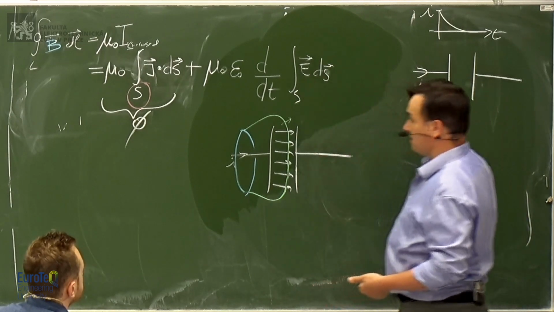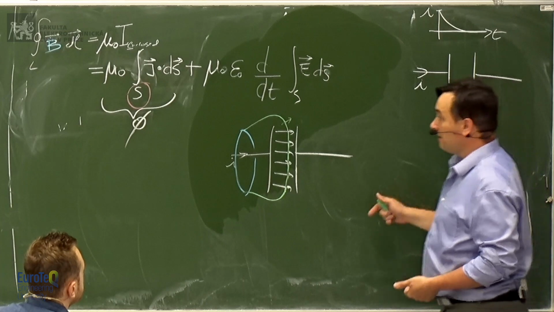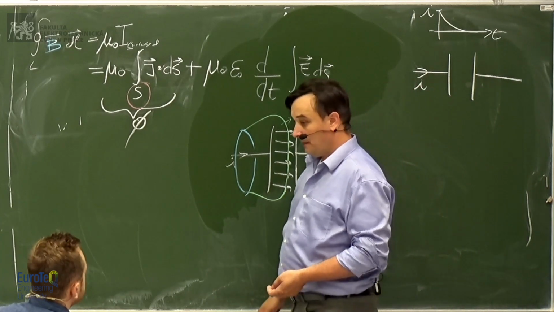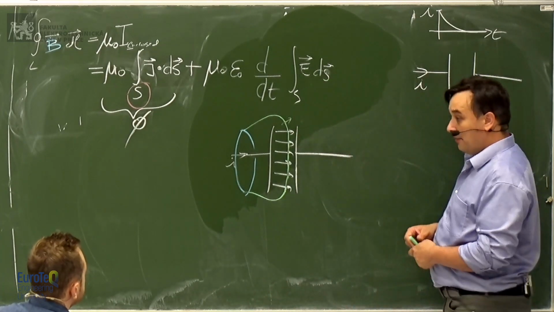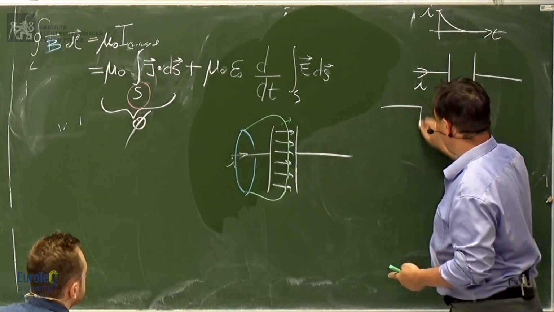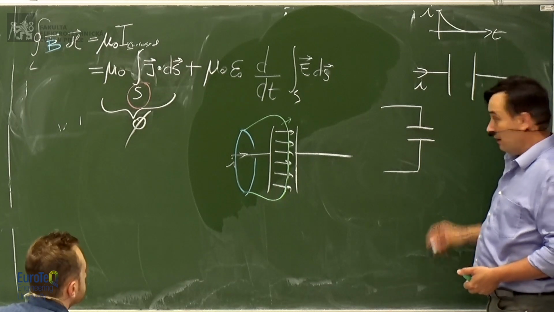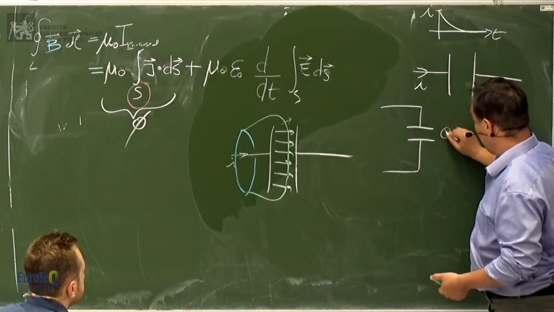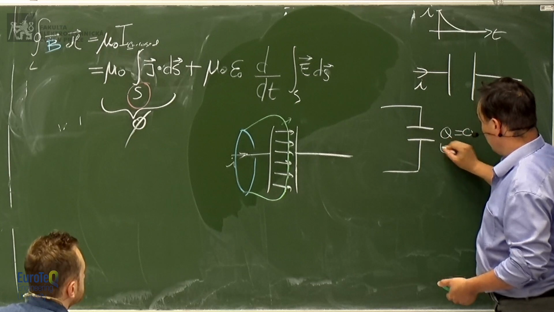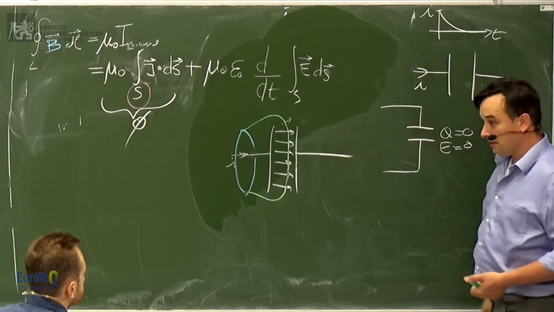So now I have a flux, and this flux changes in time. Why? Because I start from a condition where I have 0 charge, so the electric field is 0.